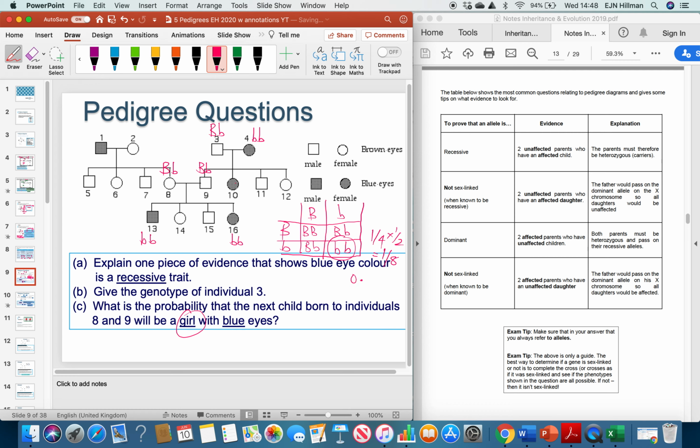Or you might say 0.25 times 0.5 equals 0.125. Okay, so you can either show that as a fraction or as a decimal, or you might even have it as a percentage, so 12.5%. Okay, don't show it as a ratio there.